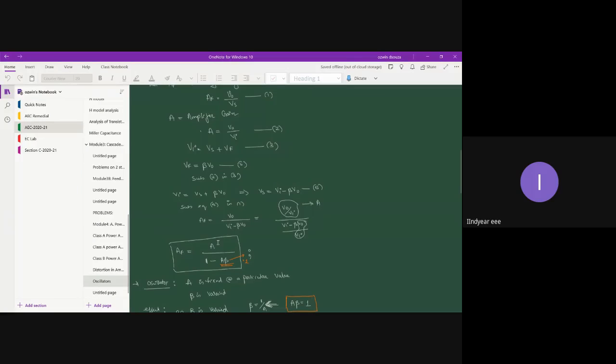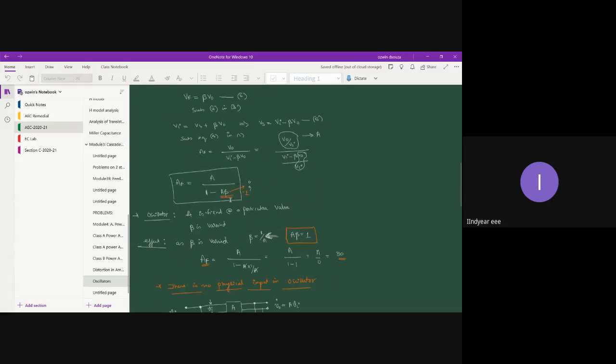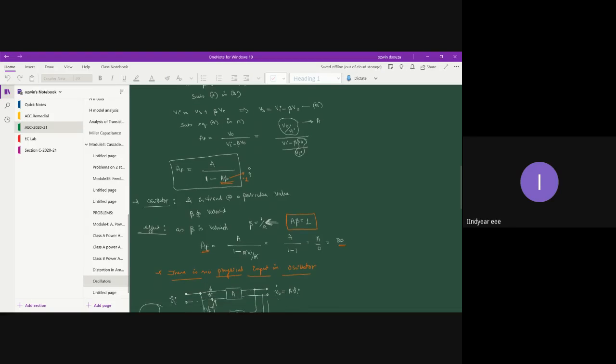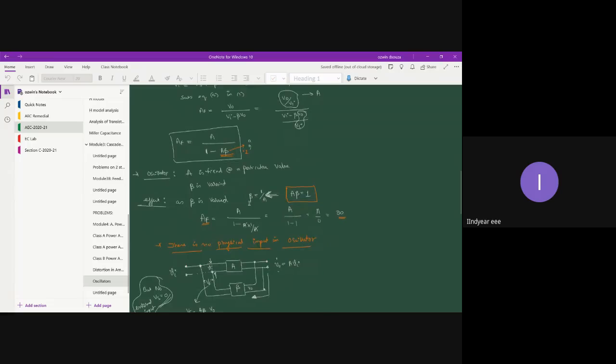Just to quickly recall, oscillator circuits work on positive feedback, and that's the reason the gain AF becomes A divided by 1 minus A beta. A beta is called the loop gain, and AF is called the overall gain of the oscillator. Now this A beta plays a very important role in obtaining the oscillations.